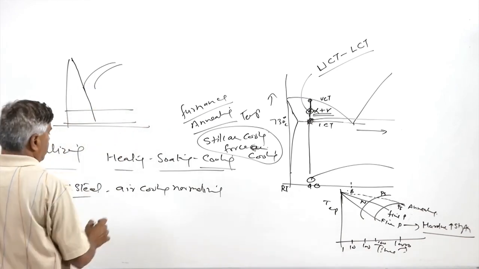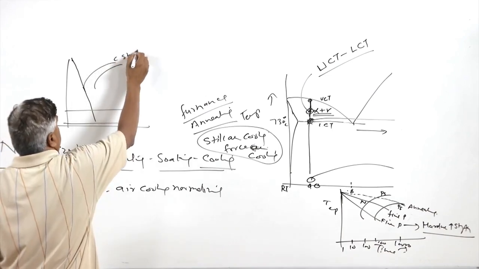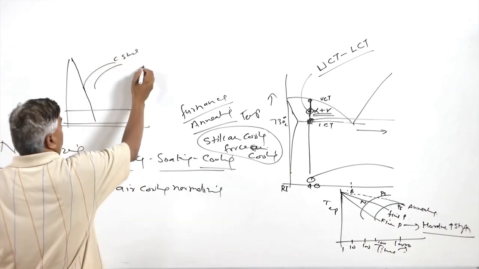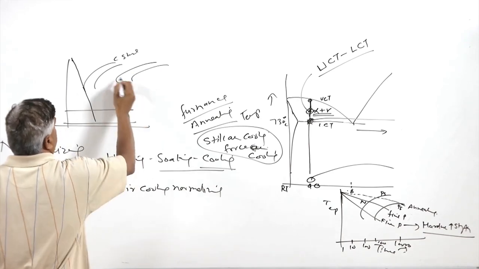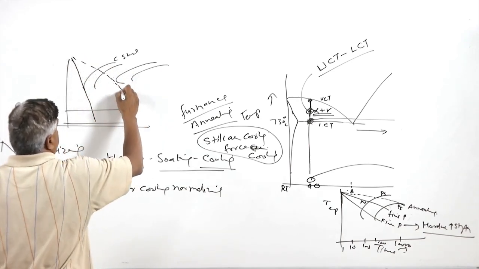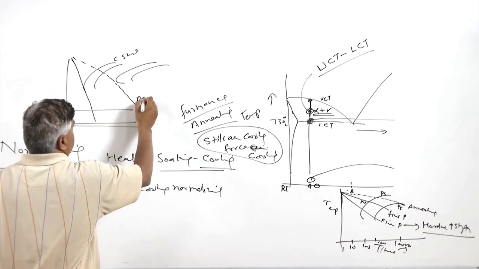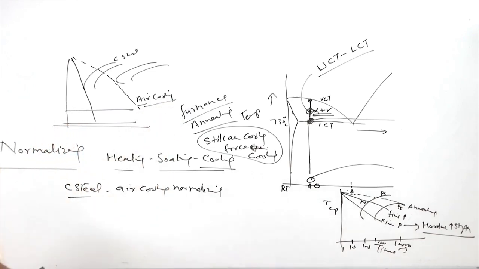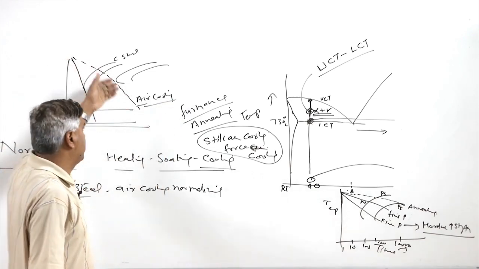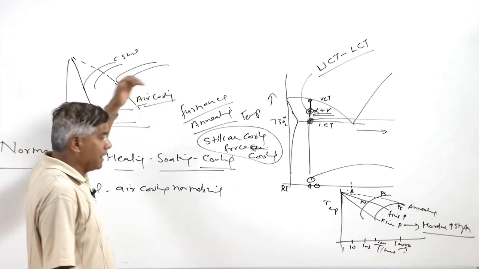This cooling rate is a bit higher for carbon steels, but if we take the alloy steel, for which the CCT diagram may be somewhat like this, the critical cooling rate requirements are further lower. This may correspond to even air cooling, still air cooling rates.